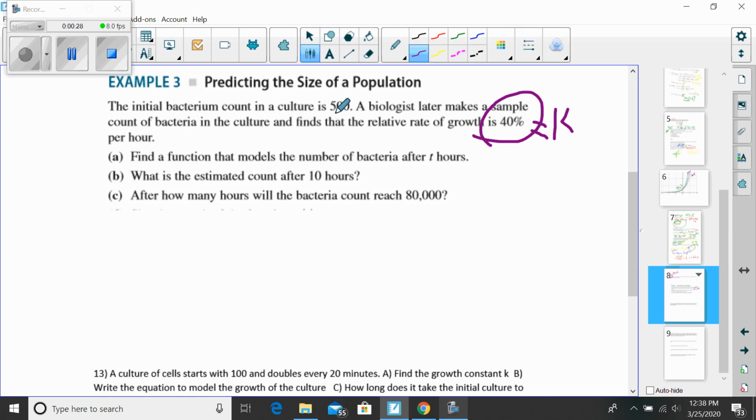So initial amounts are our Q naught, right? And then we notice that T is measured in hours. So again, it's very important that we pay attention to the units on T.